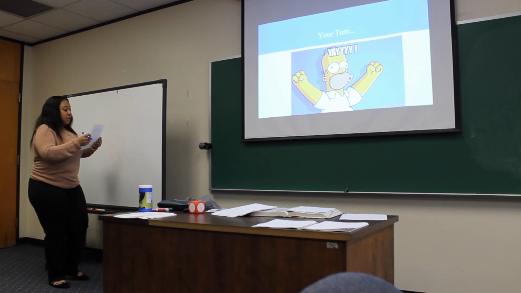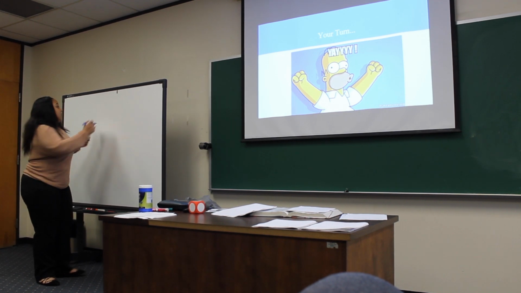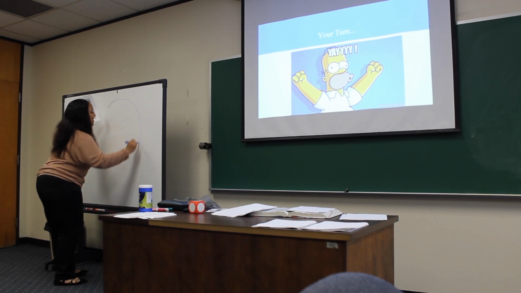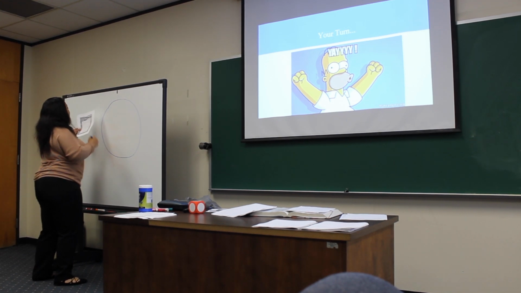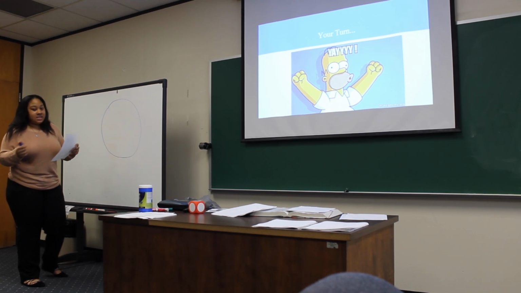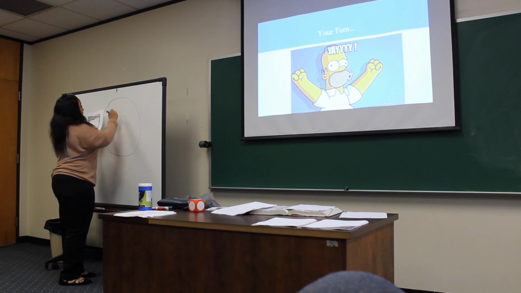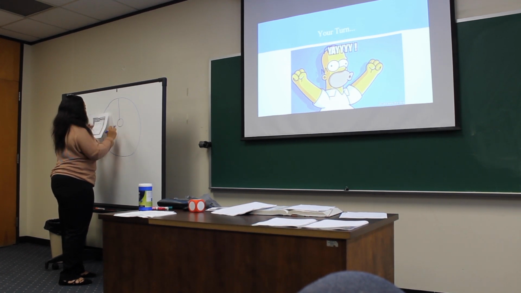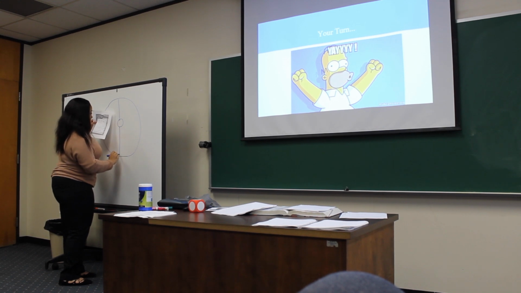So you will have a spinner, and this isn't going to be a perfect circle, but you will divide your circle into 6 different spots. So you'll put a point here. You have an area right there, here.